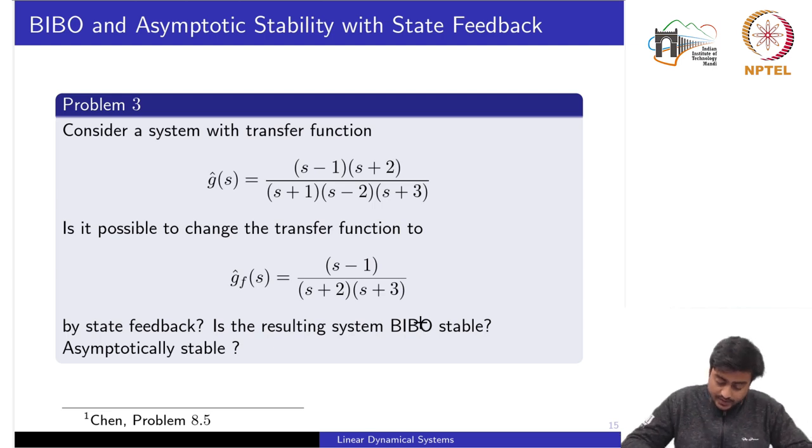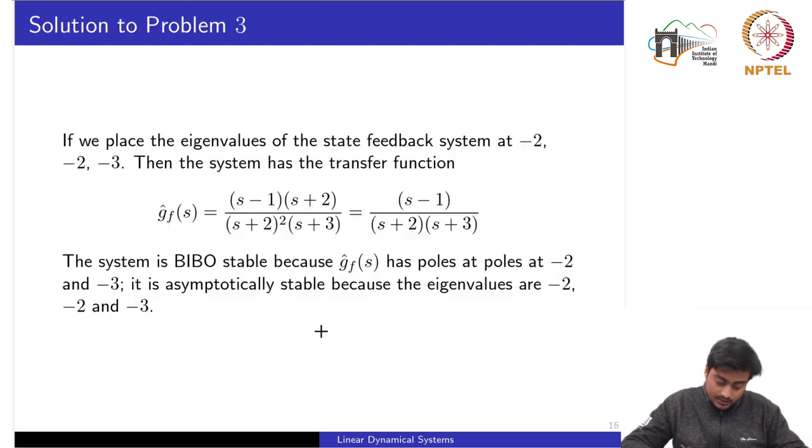This question is significant because, if you recall from the stability week, whenever the system is asymptotically stable, it implies that the system is also BIBO stable. But if the system is BIBO stable, we cannot say that the system is asymptotically stable. So let's see the solution of this problem.